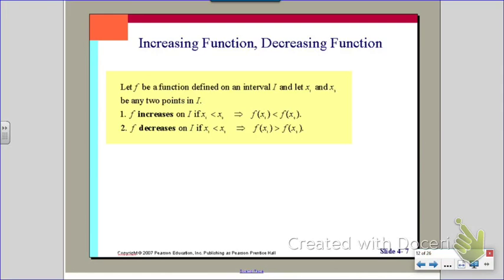So what we define is the idea of what makes a function increasing. We know that from left to right, f increases if the f of x values, which are the y values, are getting larger, and decreases if the y values are getting smaller.